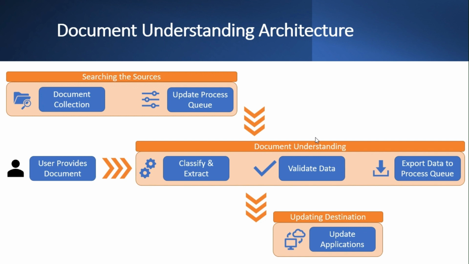Or else you can replicate or get a copy of this document understanding process, configure it to look at a different queue in the orchestrator maybe, and include the entire backlog items there so that you have two processes running looking at two different queues. One is for your daily run and the other one is for your backlog. That way your daily run is not affected and you also get the backlog processed.